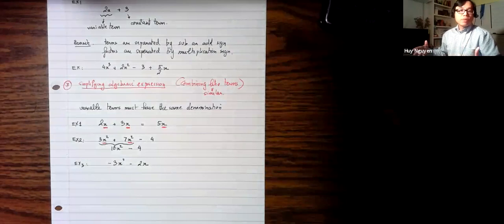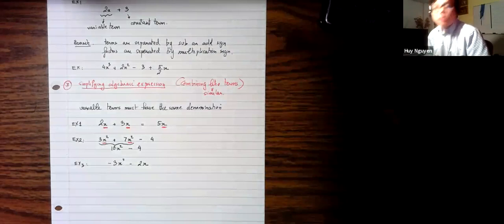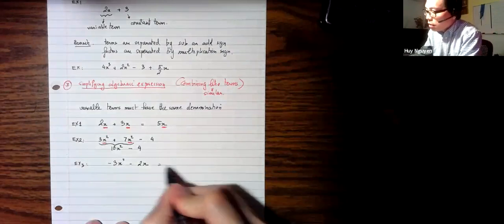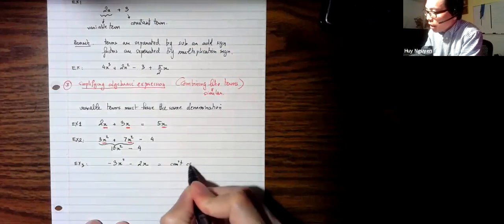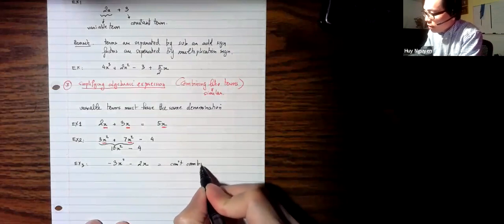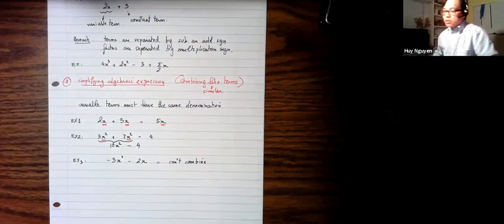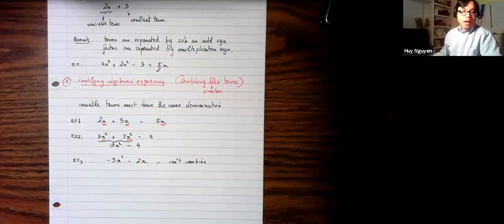The denomination of the first term is x to the 4th power, and the denomination of the second term is x. You cannot combine it. Some of you give me negative 5x to the 5th power. It doesn't work that way. We cannot simplify it. The first example and the second example, I can simplify.